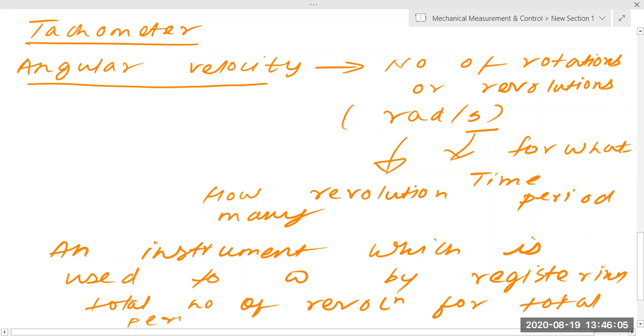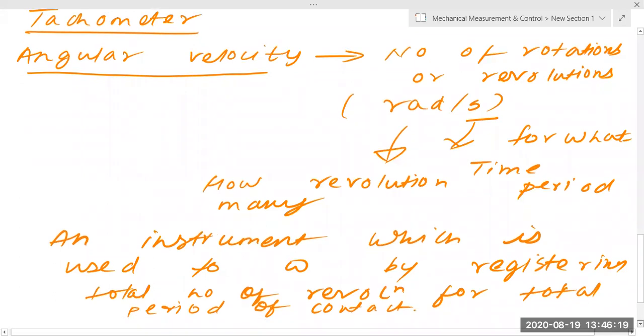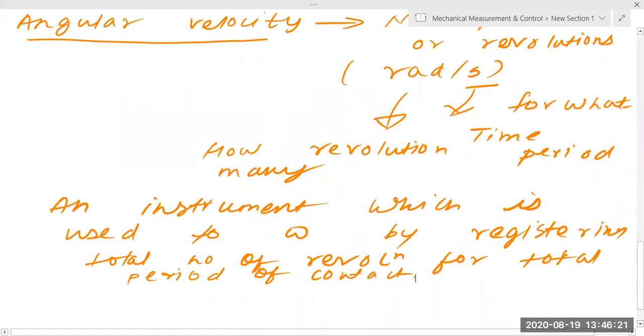I hope everyone agrees with this. This is a basic thing that I'm writing. An instrument which is used to measure omega by registering total number of revolutions for a total period will be called an angular velocity measuring instrument.